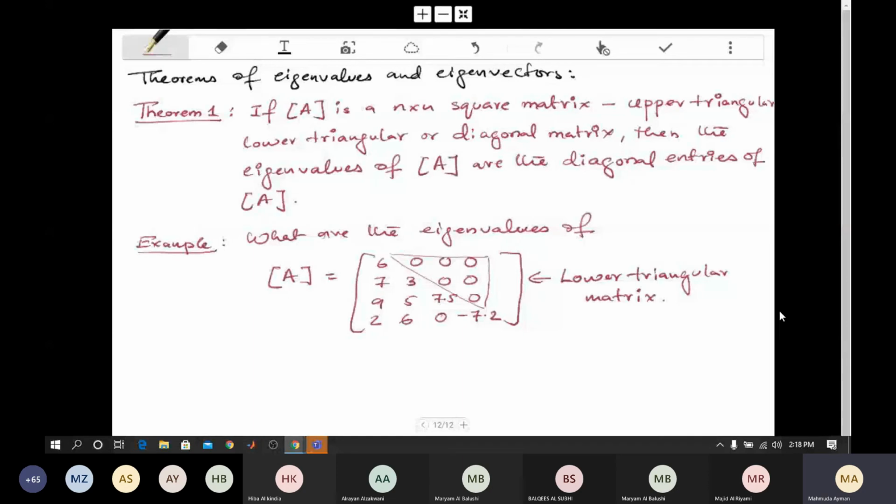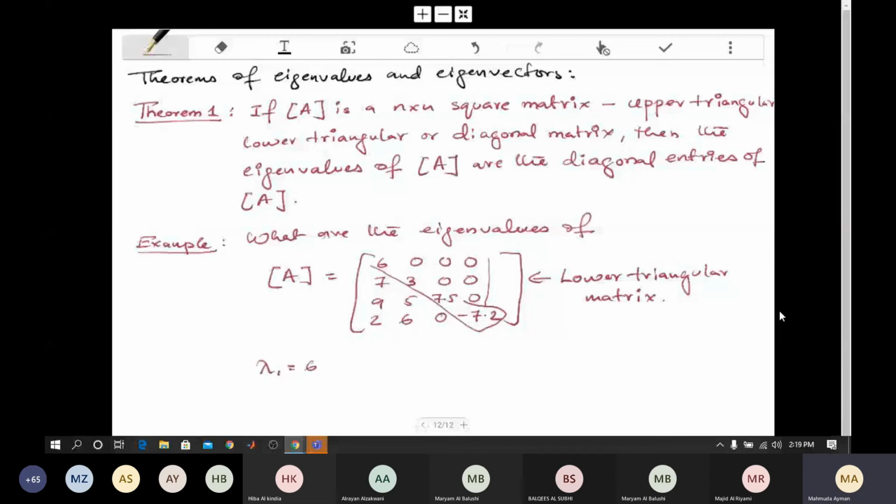Okay, so Momin says the eigenvalues are 6, 3, 7.5 and minus 7.2. Correct, Momin. Because this is a lower triangular matrix that we just saw in theorem 1, you can say that the eigenvalues are all the elements in the diagonal.